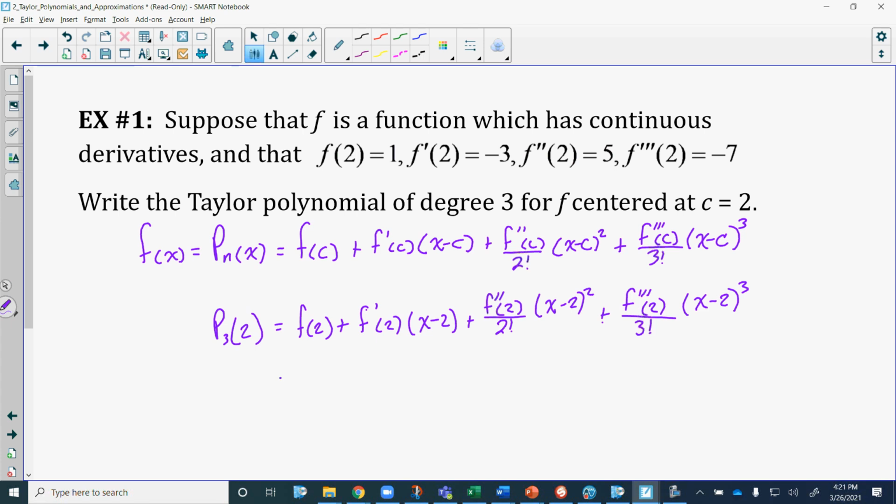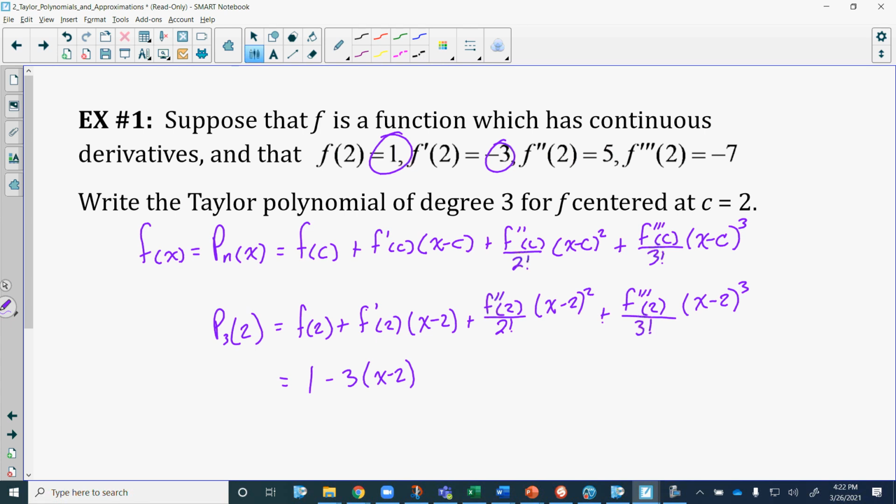So at this point, I can take f of 2 and substitute a 1 there. F prime of 2 gets substituted with a -3. So instead of plus f prime of 2, we'll say minus 3 times x minus 2 to the first power.